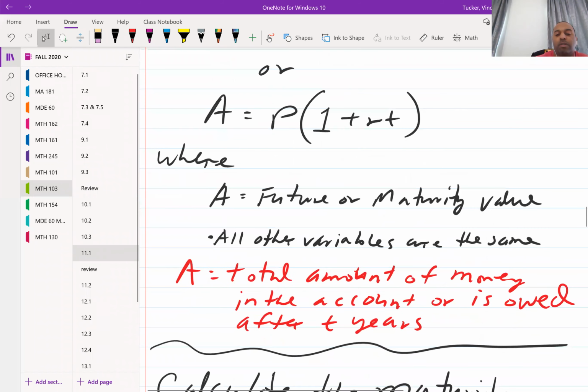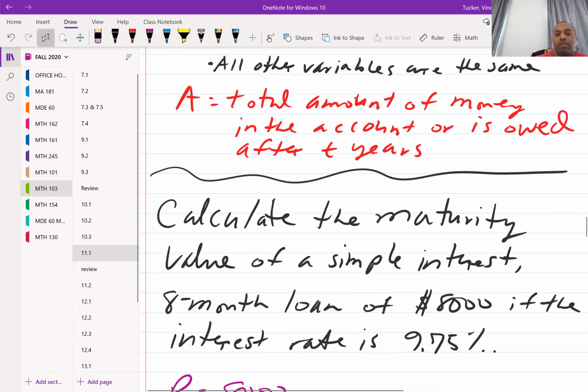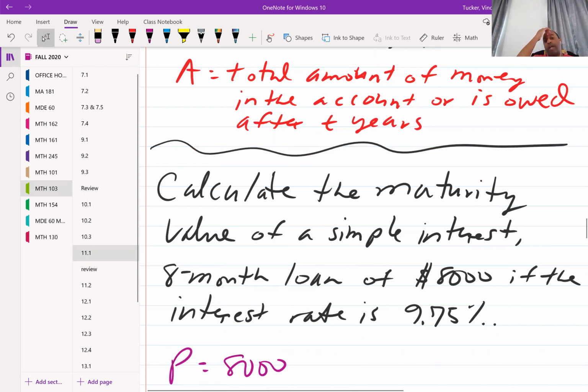It's the total amount of money in the account or owed after T years. All right. So next problem: calculate the maturity value of a simple interest 8-month loan of $8,000 if the interest rate is 9.75%.